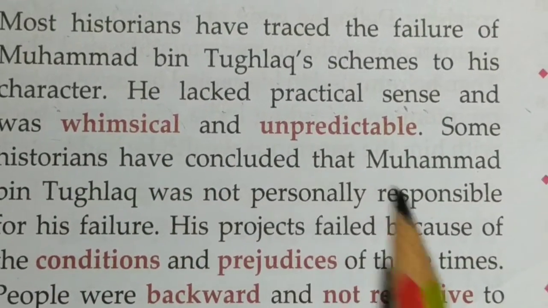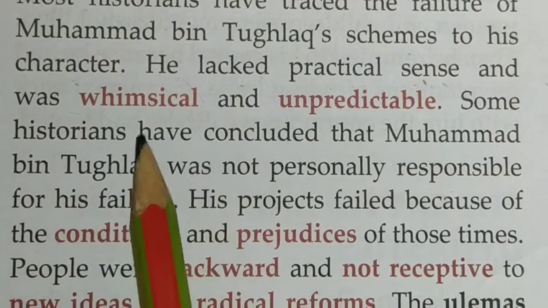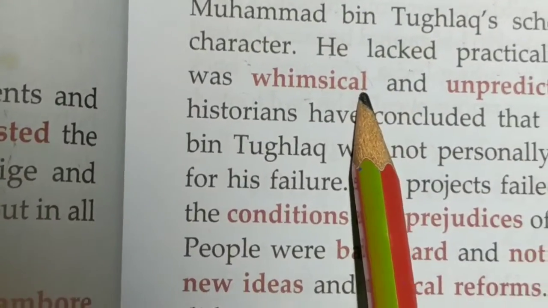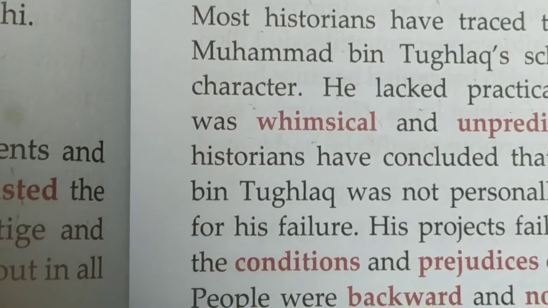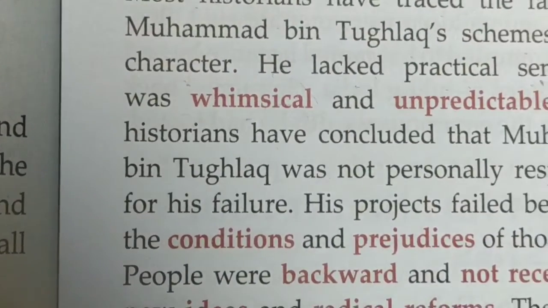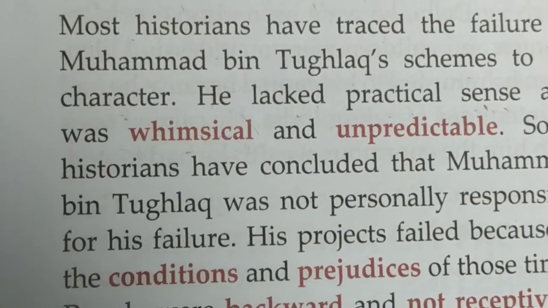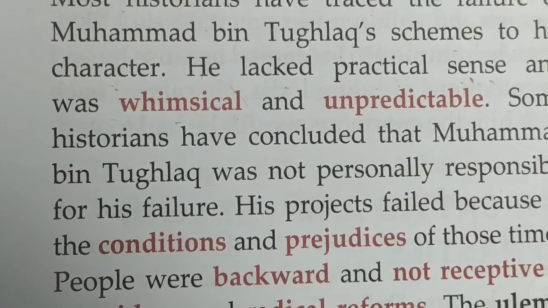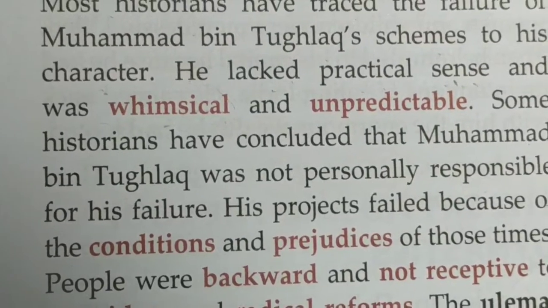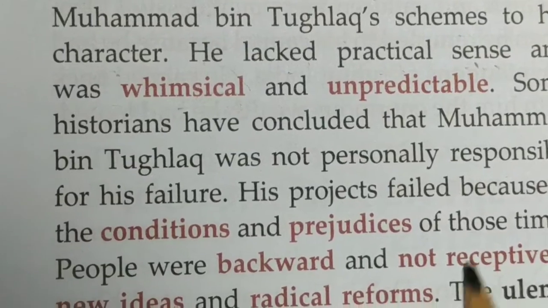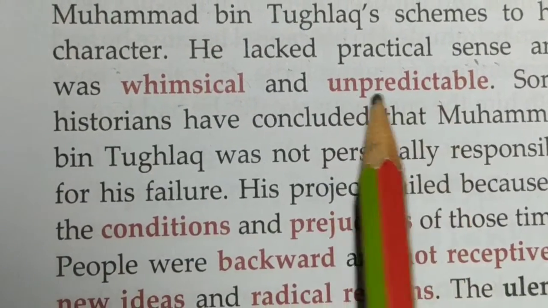whimsical and unpredictable. What do you mean by the term whimsical? Here whimsical means a sudden decision he used to take, not a concrete one, not a solid decision. Whenever he used to take a decision, that was not concrete, not a solid one. So whimsical is a sudden decision he used to take. And unpredictable. Unpredictable means what?